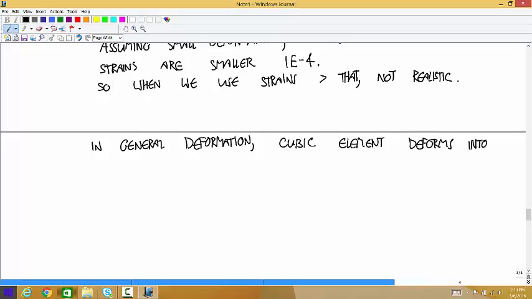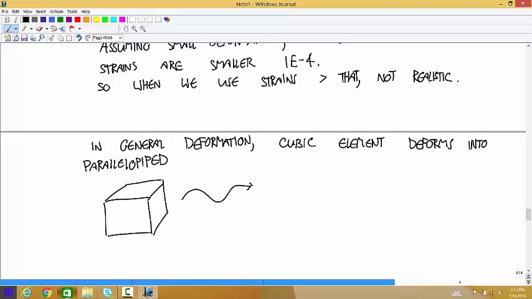That's a four-sided, four-edged shape that's made of, I guess, 6 parallelograms. So it goes from this to this.